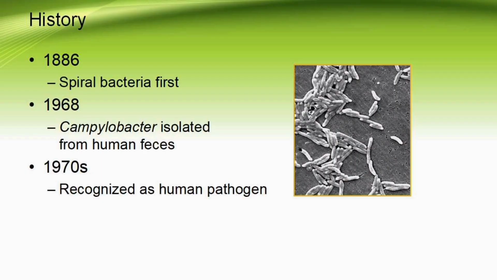Although the Campylobacter species were associated with human infections throughout the 1940s and 50s, it wasn't until the 1970s that they were fully recognized as human pathogens. A crucial step in this process was the isolation of Campylobacter from human feces in 1968. During the mid 1900s, the Campylobacter species were also isolated from animals that experienced abortion and sterility.